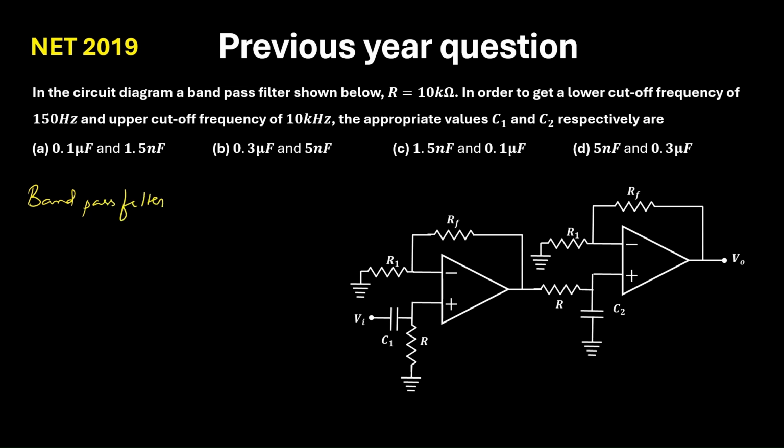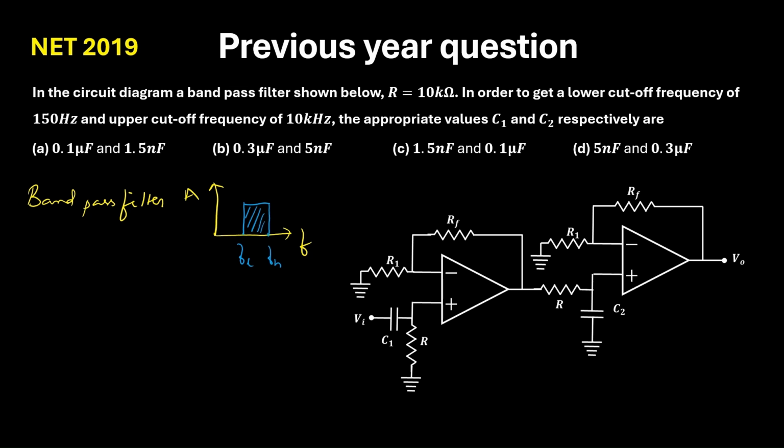Now in the band pass filter, suppose if we draw a gain versus frequency plot, then the filter will allow only frequency signals which lie within this range. This is an idealized filter plot.